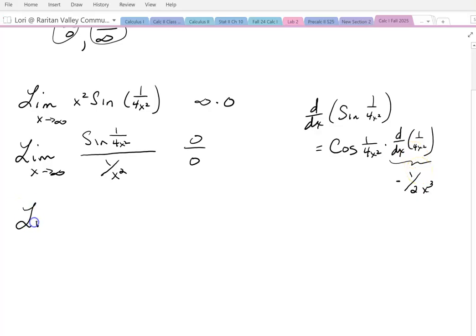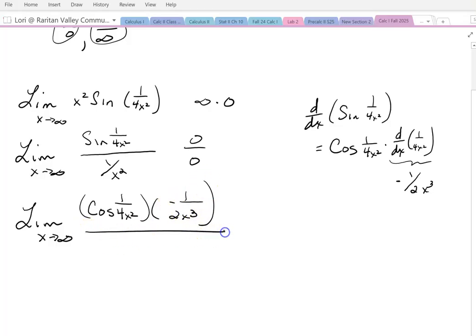So when I plug it in, I get cosine of 1 over 4x squared times negative 1 over 2x cubed. And now I need the derivative of 1 over x cubed, which is x to the negative 3.